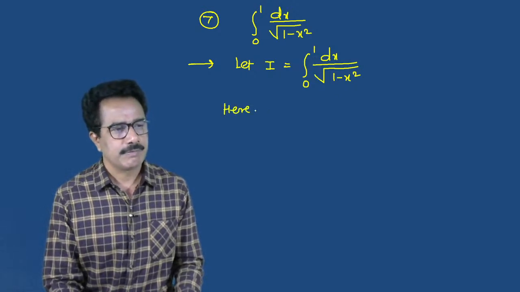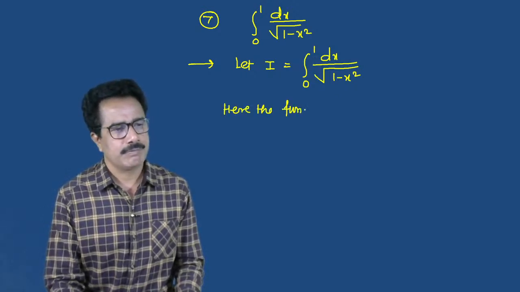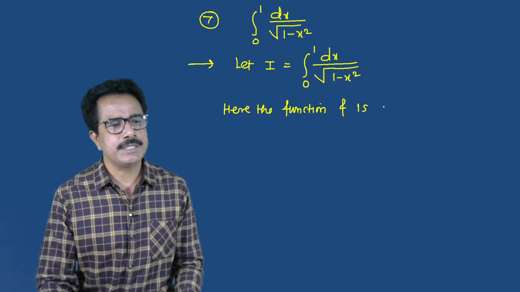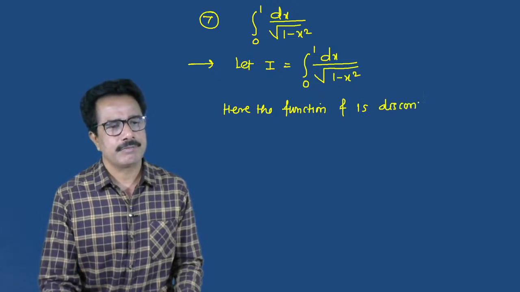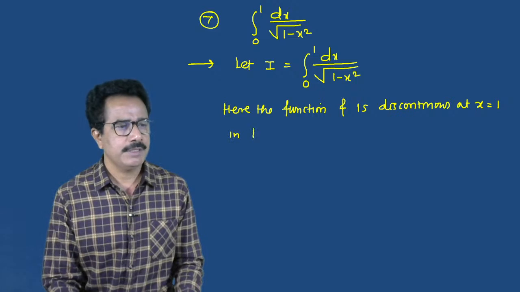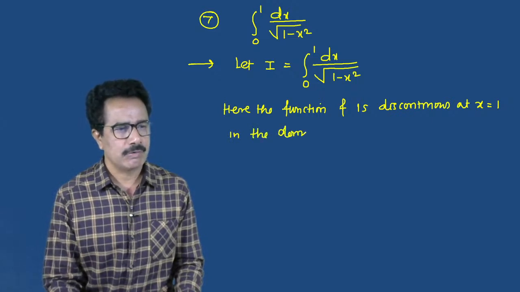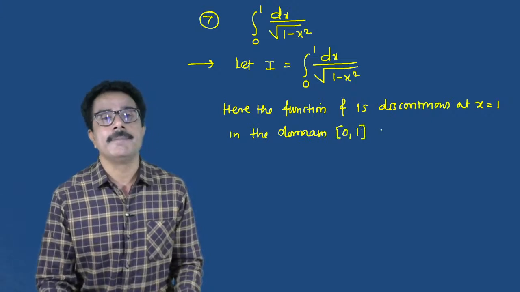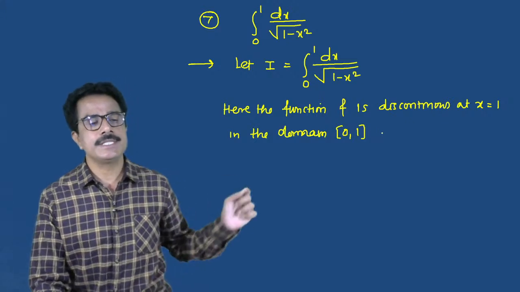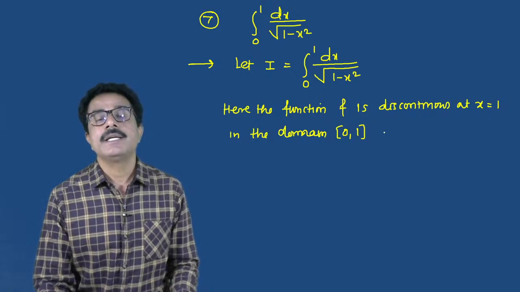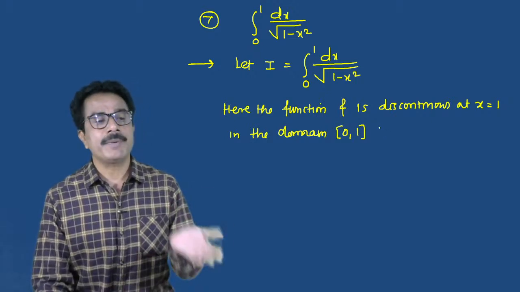Here the function f is discontinuous at x equals 1 in the closed interval 0 to 1. So this is improper at x equals 1, at the right end.